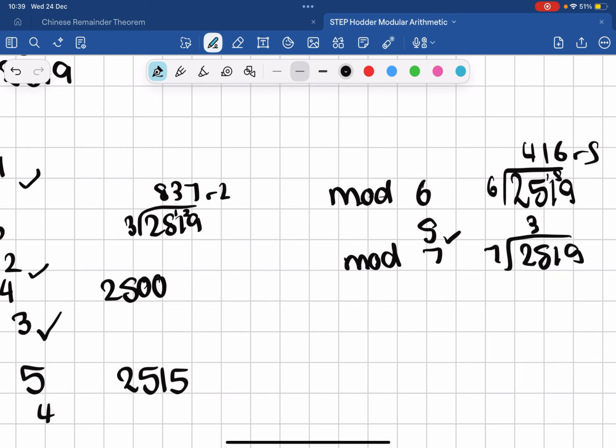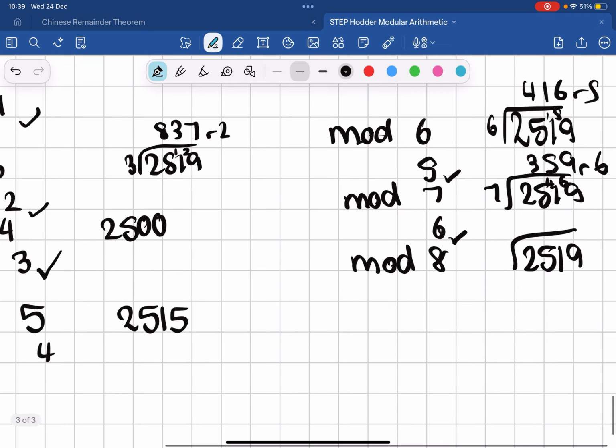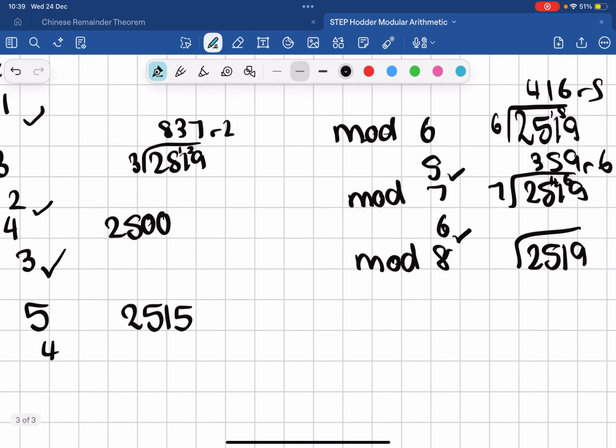So we've got 359 remainder 6. Mod 8. Well, we can just quickly do a division. 2519 divided by 8 is 314, remainder 7.